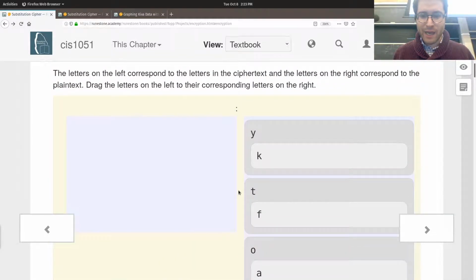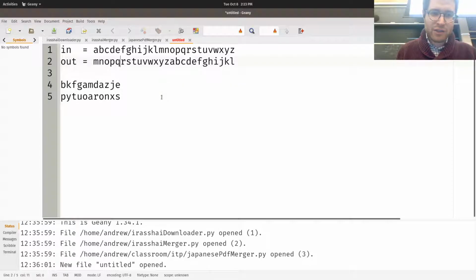Y has to be K, and T has to go to F. So T here has to line up with F. K has to line up with Y, which it does.